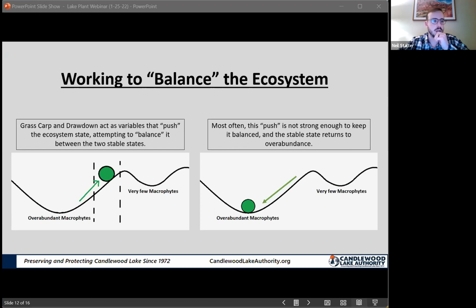I got some information from DEEP Fisheries to add to what I said about the grass carp, about how they grow and survive. They grow roughly linearly as they age, and they grow continuously.